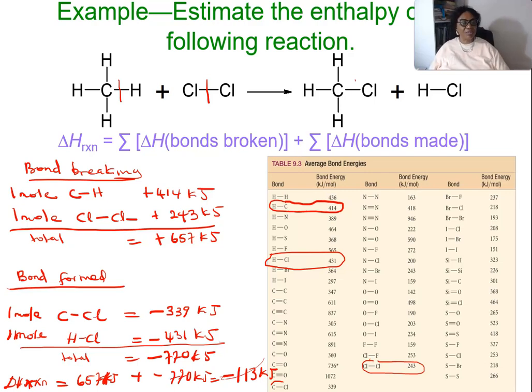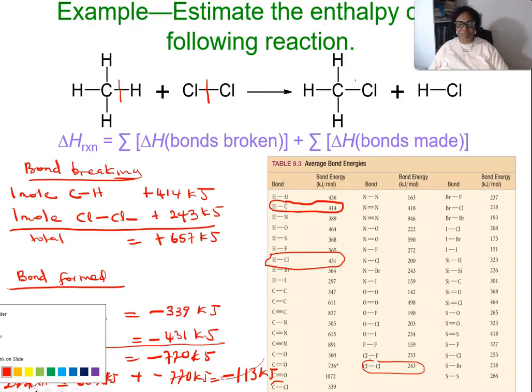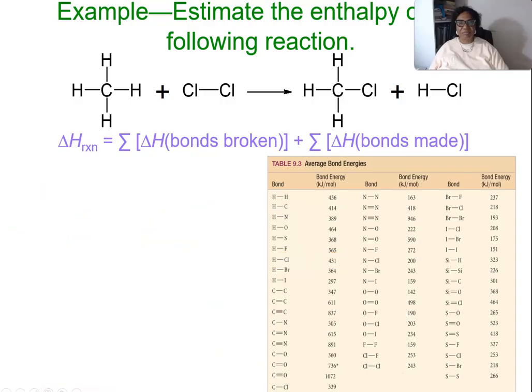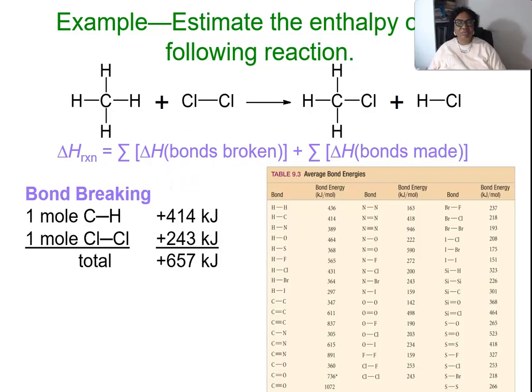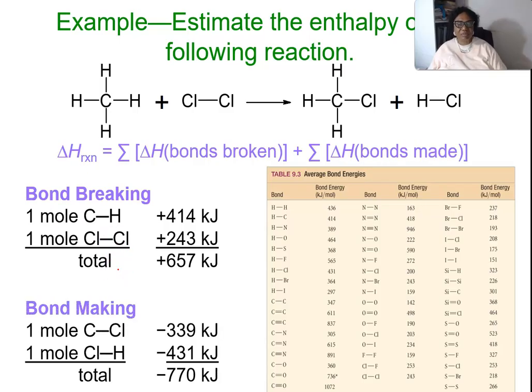We go to this table and get those values and do the calculation. So that's our equation. That's the total we got from the table for bond breaking. This is the total we got for bond making.